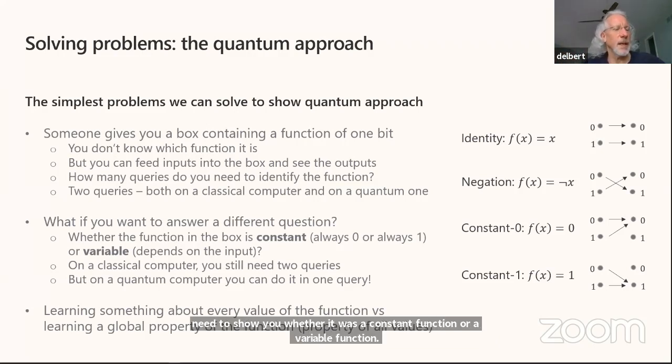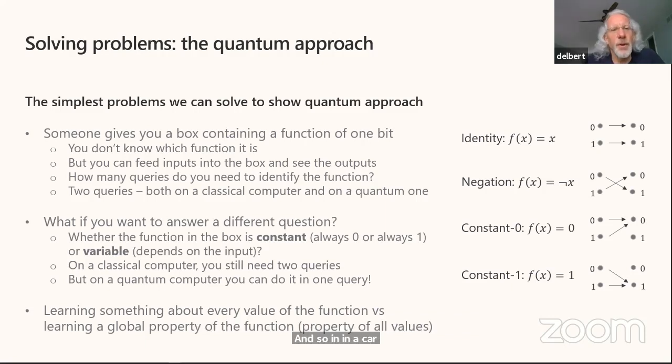In a classical computer, you need 2 queries, because you need to eliminate both possibilities. But it turns out in a quantum computer, you can get this with just 1 query to that black box. That's the crux of this particular algorithm.